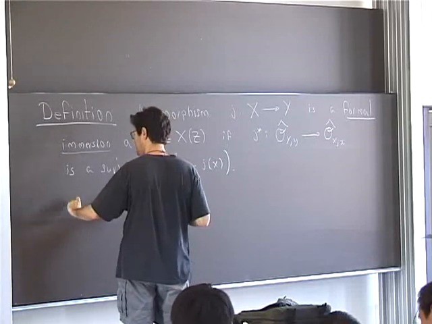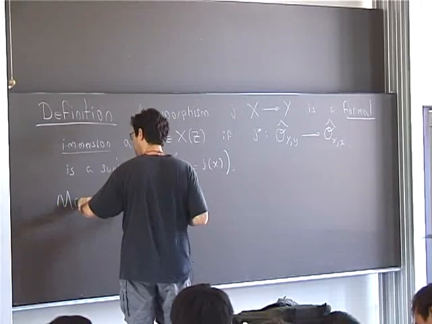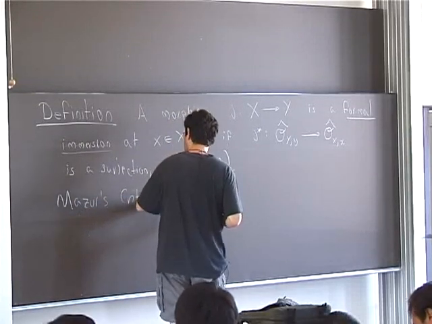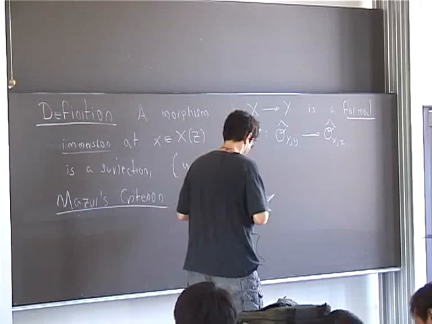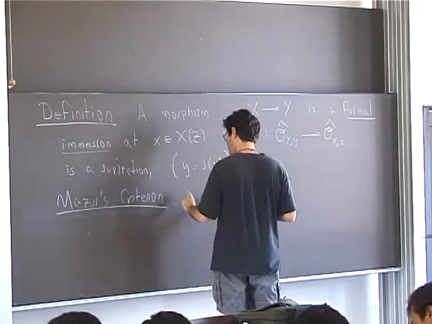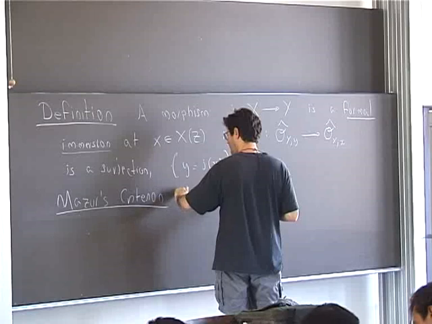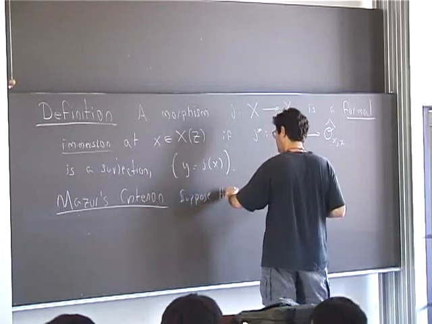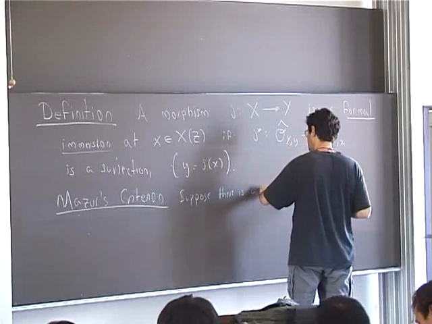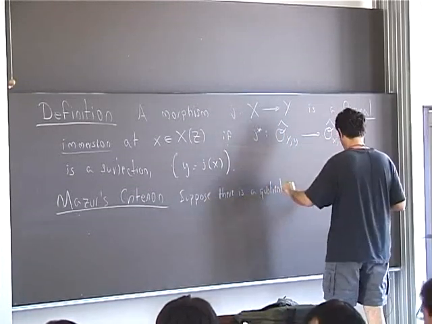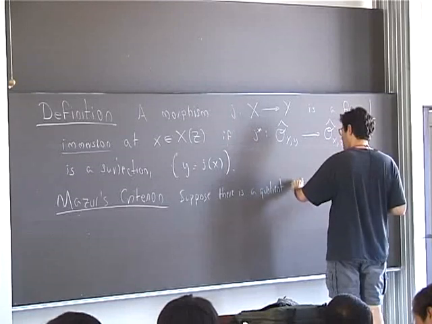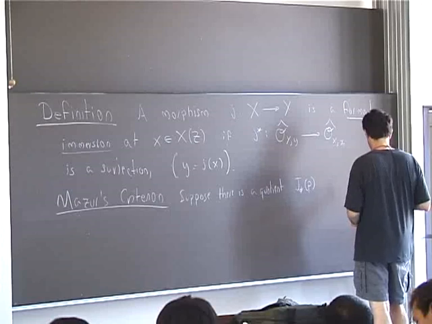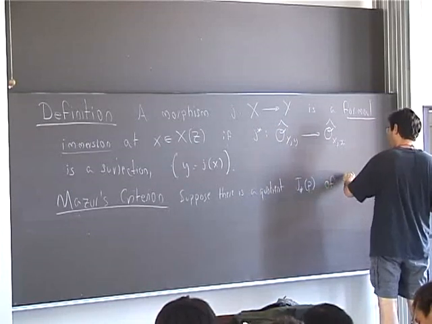Now I'm going to state Mazur's criterion, which is the basis for his study of the Diophantine properties of these modular curves. So the theorem is the following. Suppose there is a quotient, which I'll denote by J sharp of p, of the abelian variety J naught of p.